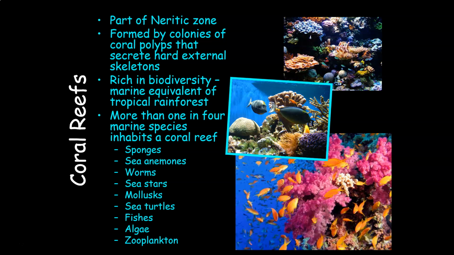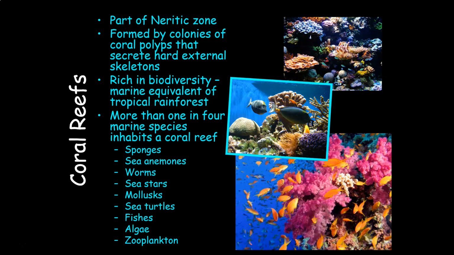So little organisms that live in these colonies that form all of these different really interesting and creative and just beautiful structures, these coral structures that actually secrete a hard exoskeleton, and that's what you're looking at there. Huge, rich biodiversity. You can sort of think of this as the marine equivalent to tropical rainforests.